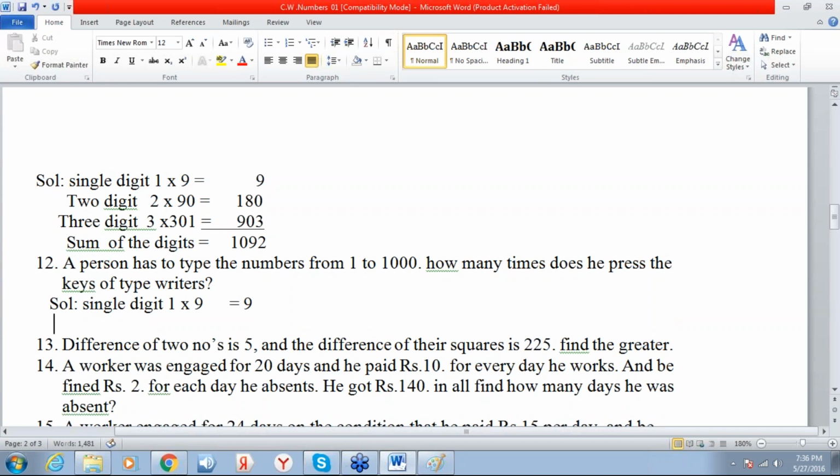And two digit: how many two digit numbers are there? There are 90. 2 into 90 is 180.